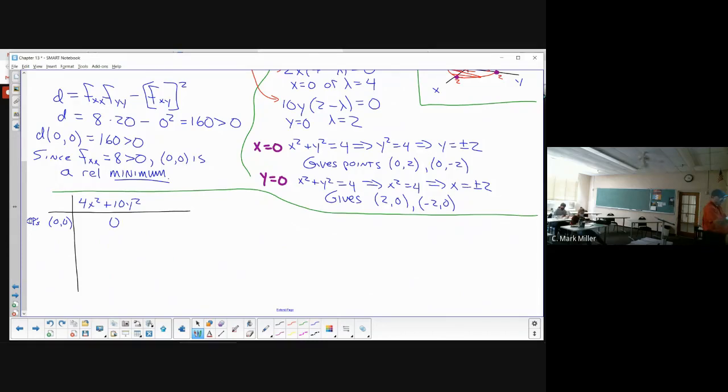That, of course, gives you 0. And then we're going to have these other points: 0, 2, 0, minus 2, 2, 0, minus 2, 0. So this is like evaluating the edges and corners, except we don't have corners.